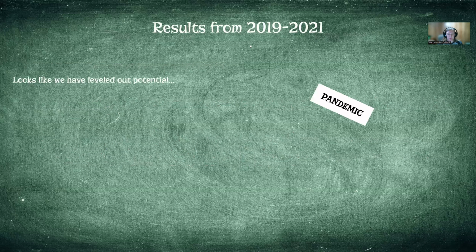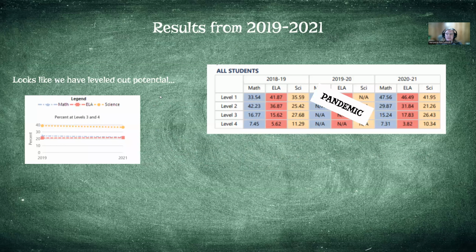But what I would like to propose here are the results from 2019 to 2021. Obviously, in here we have a pandemic that happened where there's no data. But as you can see, and this is a standardized test, here are the different levels: math, ELA, and science. And this is at the high school. Math increased a little bit.